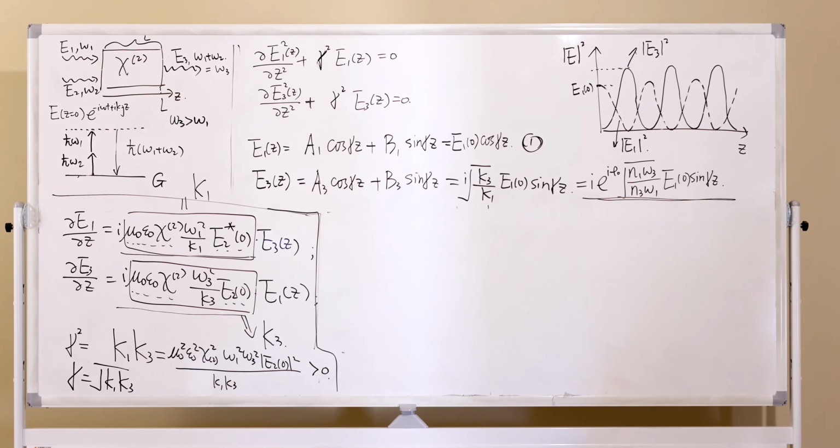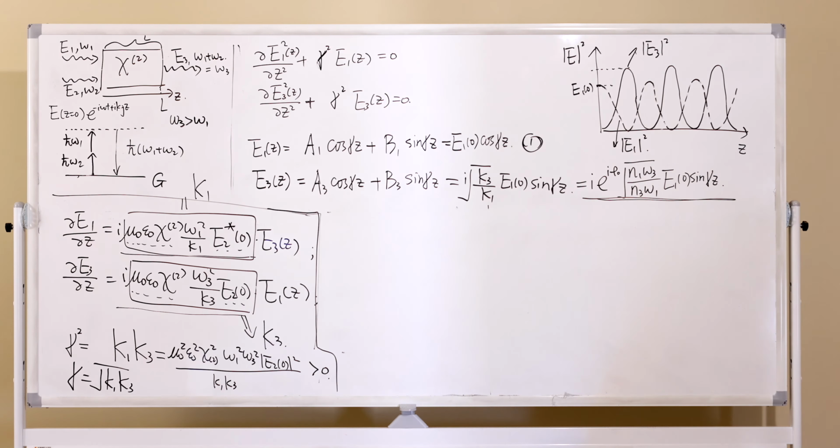And because omega 1 and omega 3 are the two inputs, equivalently it looks like you do a difference frequency generation. So in this process, suppose originally you have a lot of omega 3, that's your pump. You have a lot of omega 3 photons, and then you have one omega 1 photon.